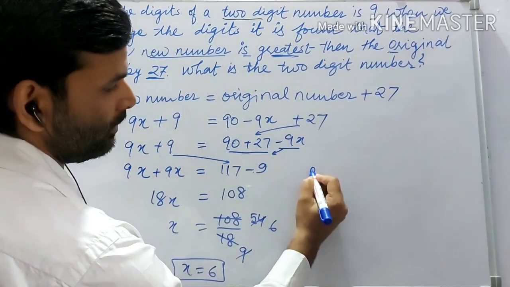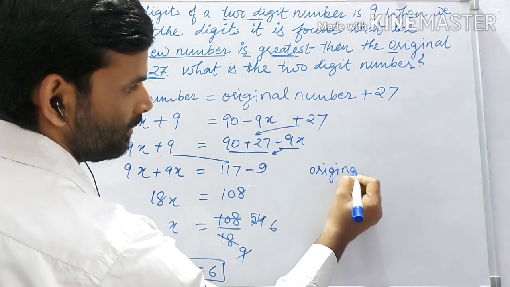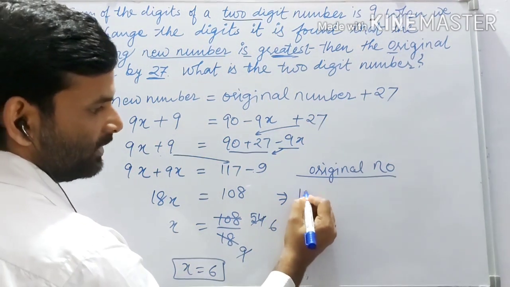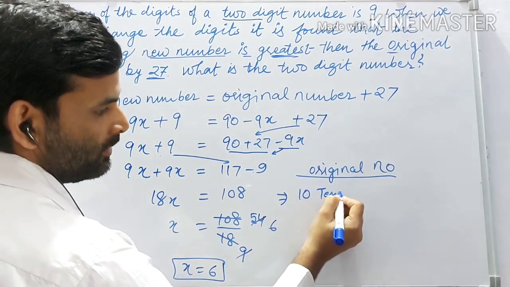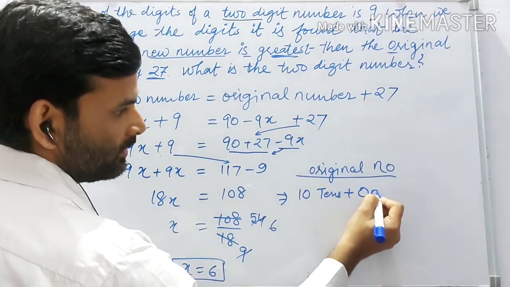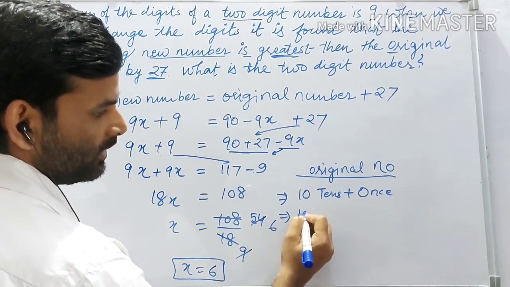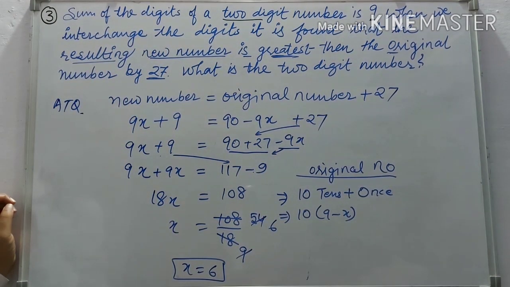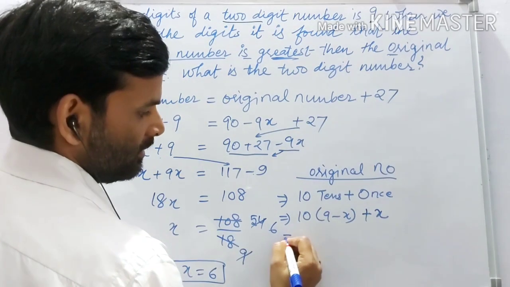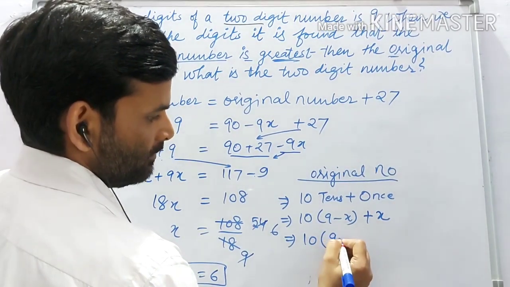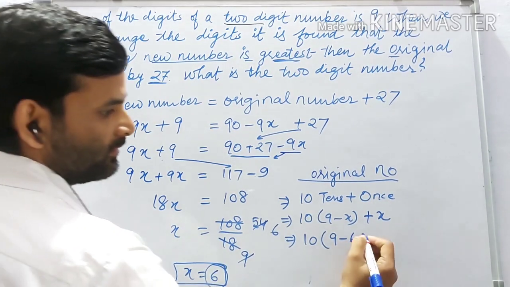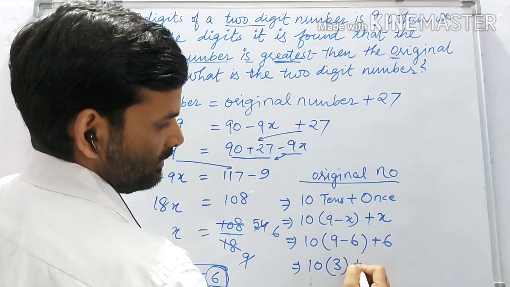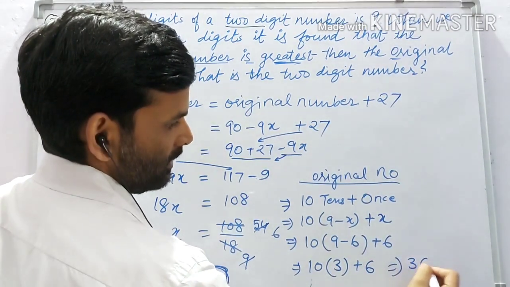So what is the original number? The original number is 10 into the tens digit plus the ones digit, that is 10 into (9 minus x) plus x. With x equal to 6, that is 10 into 3 plus 6, equal to 36.